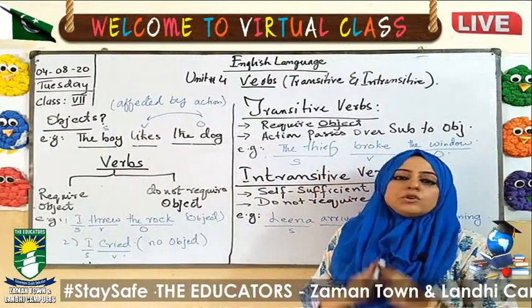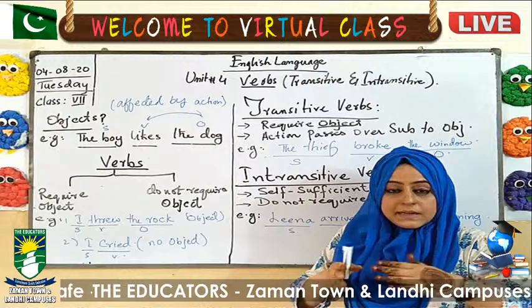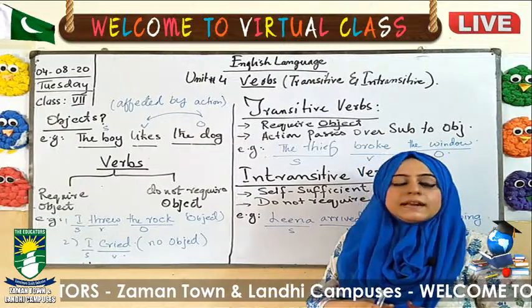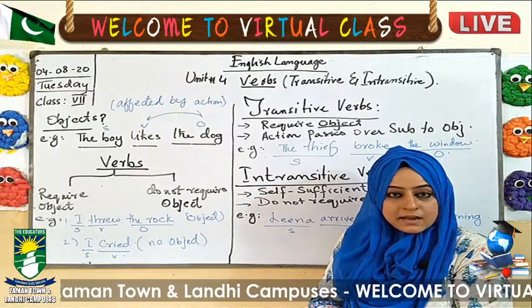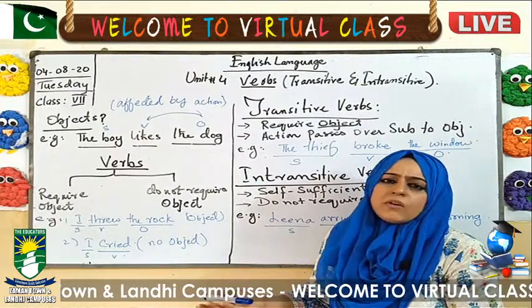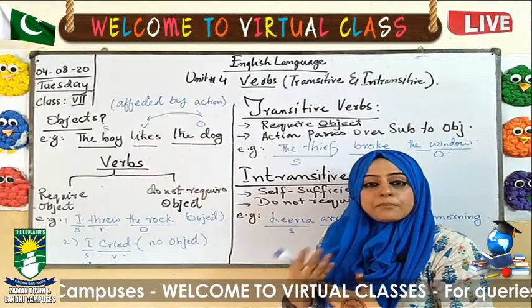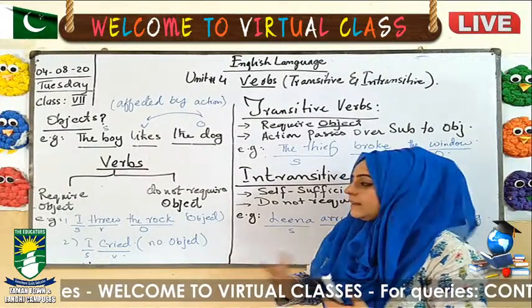Means we are having two classifications of the verb, that the verb which requires an object must have one in the sentence to complete its sense, and those verbs which do not require any kind of object to give the complete sense or the appropriate understanding in the sentence.